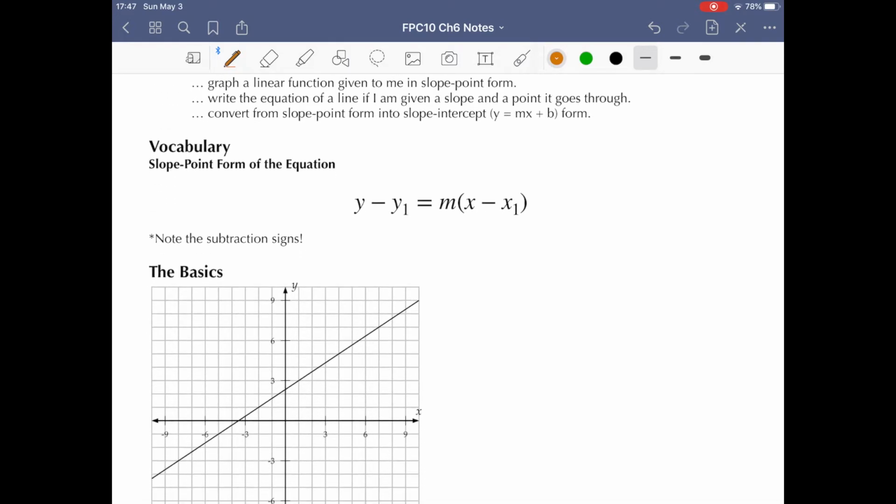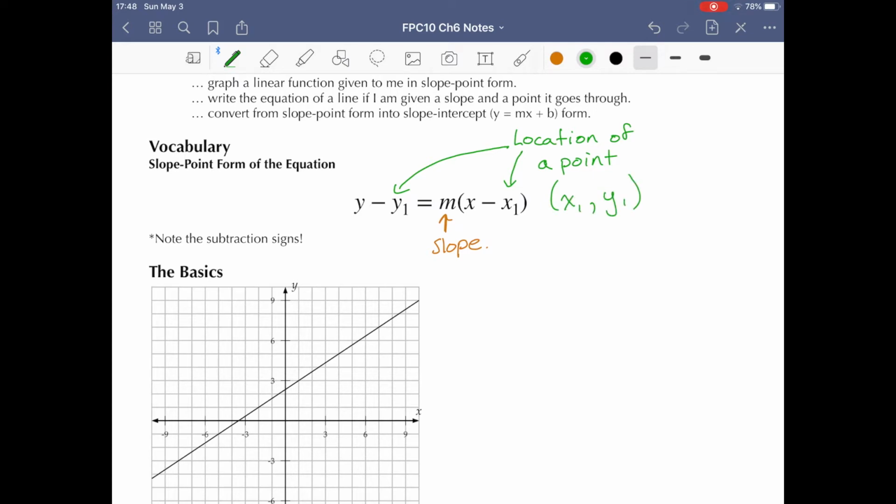The slope point form of the equation looks like this. y minus y1 equals m times x minus x1. Let's identify some of the parts. m, we should all know that's our slope. y1 and x1 is the location of a point, and that point is located at x sub 1, comma, y sub 1.